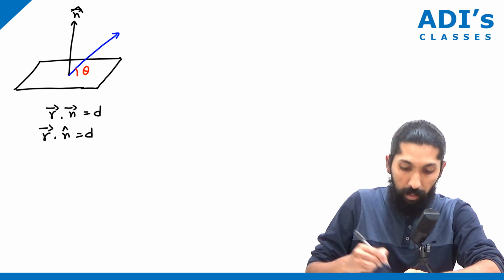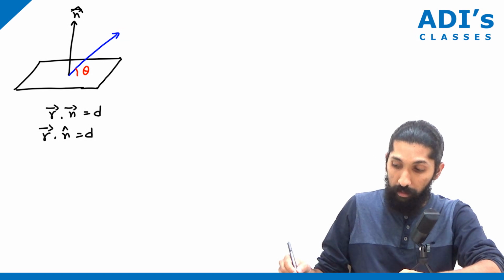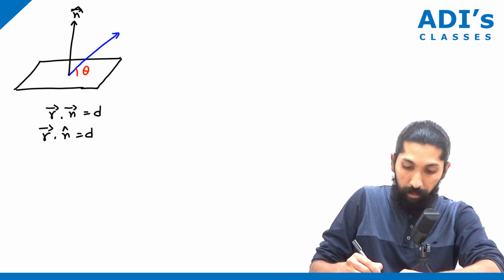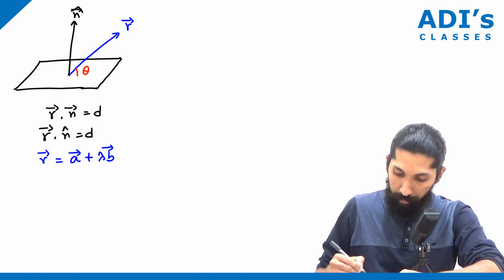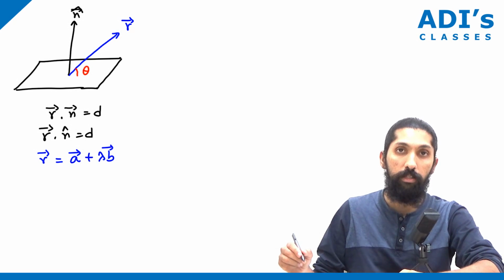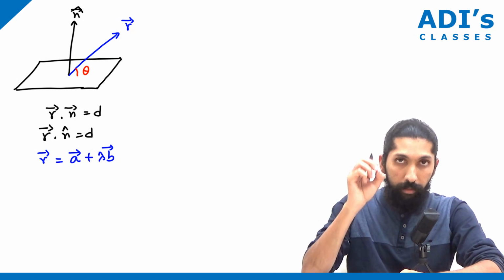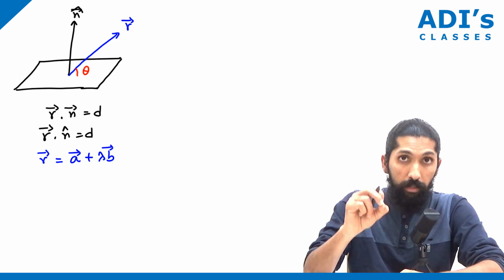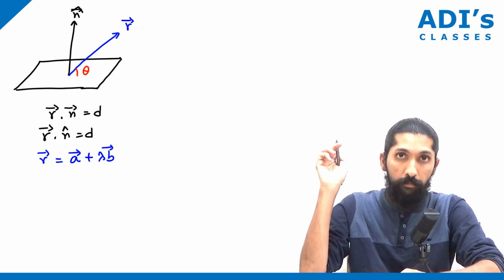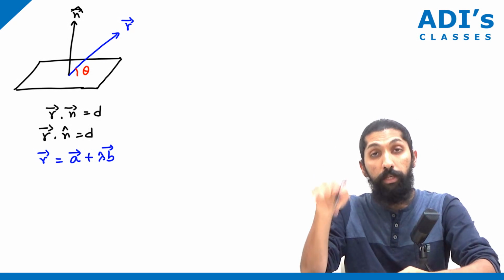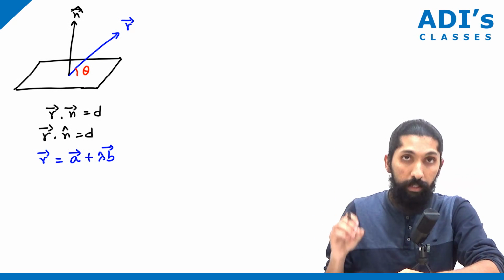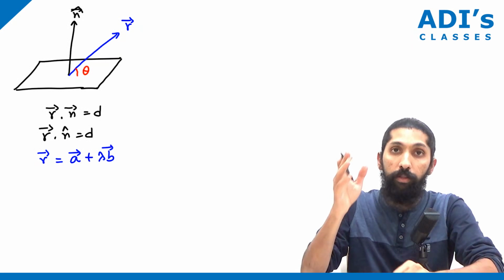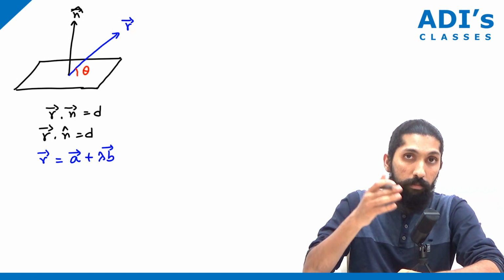And the line can always be written as vector r equals a plus lambda into vector b. Make sense? What determines the orientation of the line in space? Vector b, correct? a is the position and b is the orientation. So we take that b and find the angle between the normal and the line.